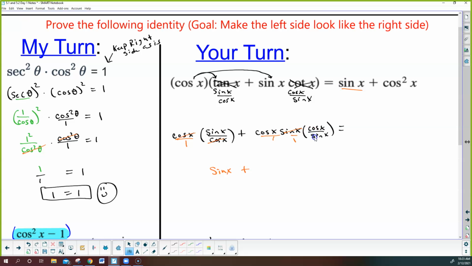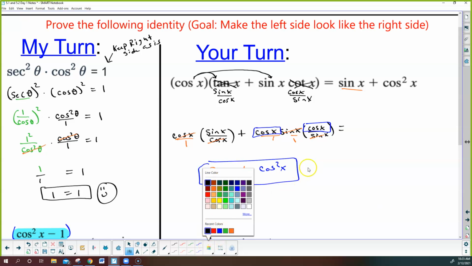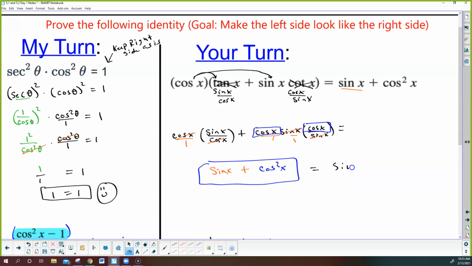And then I've got a sine on top and a sine on bottom, and those are going to reduce out. And technically what's left over then is a cosine of x times a cosine of x. And those are being multiplied. So a better way to write that is cosine of x squared. And notice we got the left side to look exactly like the right side.